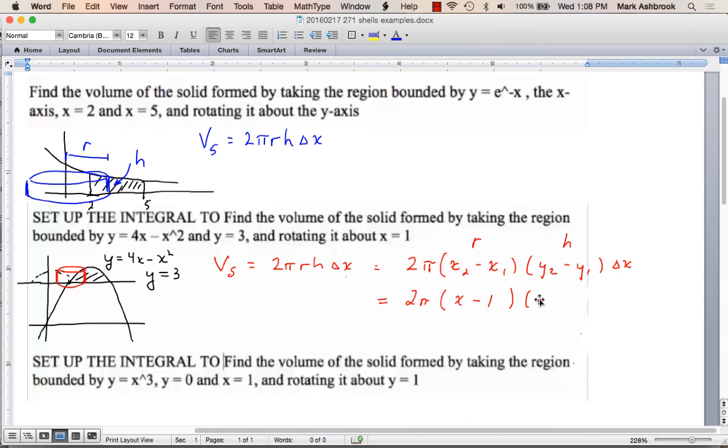So it would be y minus 3. Since it's delta x, everything's good except we have to change that y in terms of x, which is 4x minus x squared minus 3. And then we're going to add all those up from what to what?